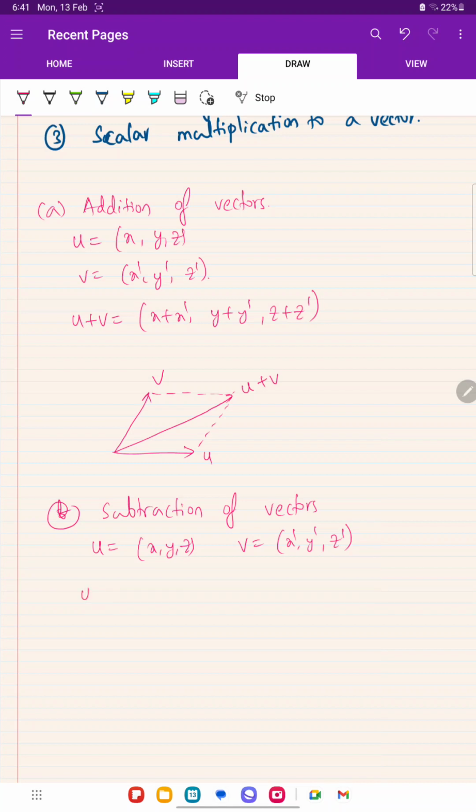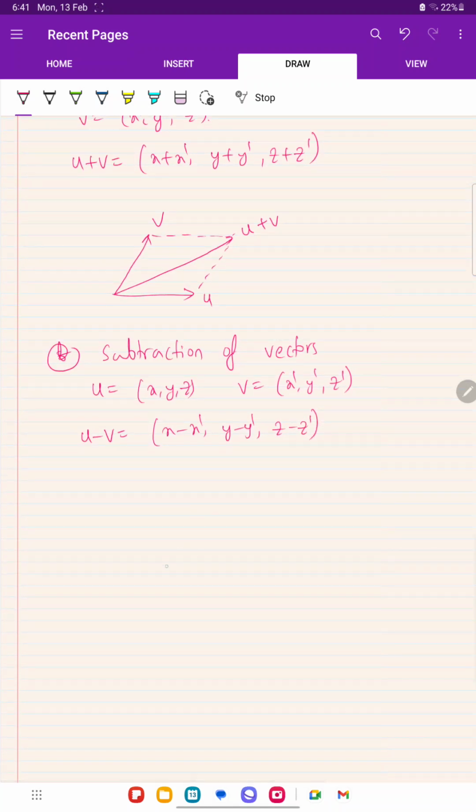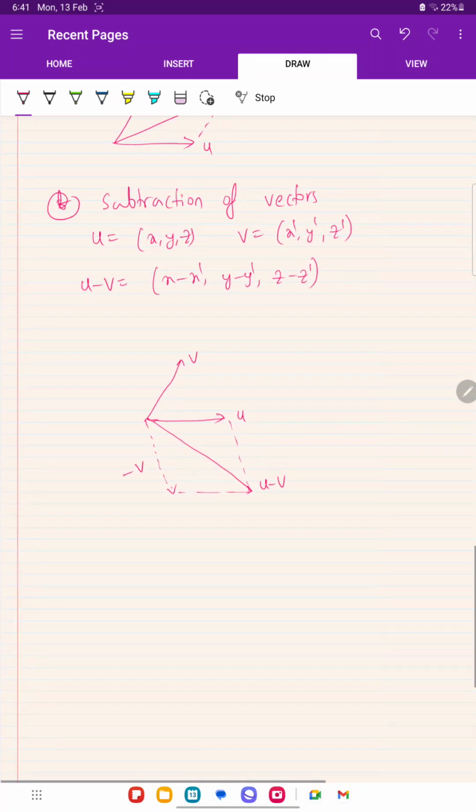Then the difference between these two vectors is given by (x minus x', y minus y', z minus z'). Geometrically, suppose this is u and this is v, then minus v is in the negative direction. From the parallelogram law of addition, this is u minus v. This is how we find the difference of two vectors. Next, scalar multiplication.